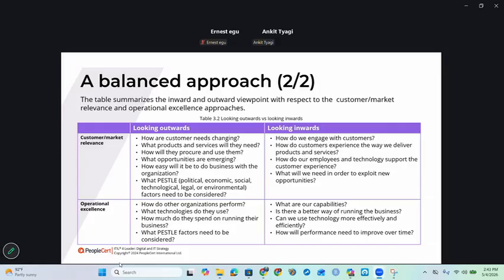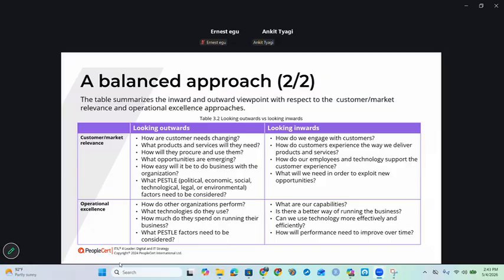Similarly, for operational excellence, when it comes to external factors, we need to look at how other organizations perform, what technologies they use, how much they spend on running their business, and what PESTLE factors need to be considered. For operational excellence within the organization, we need to understand what is a better way of running the business.